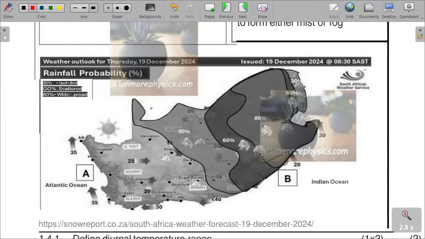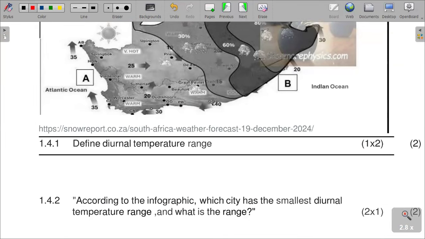We are given wind and the different weather conditions. The questions mention the Indian Ocean, the Atlantic Ocean, and so forth.